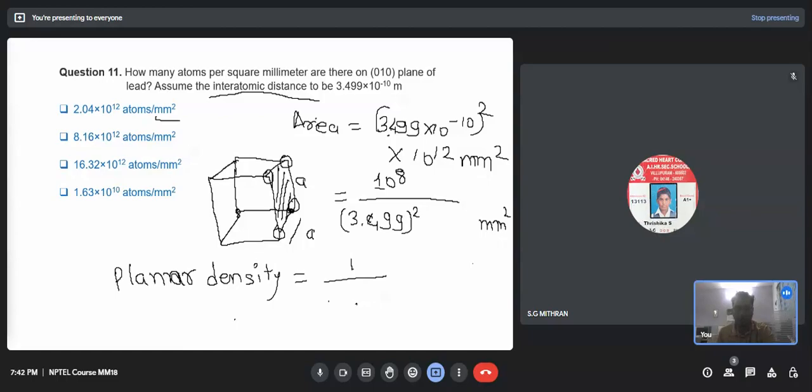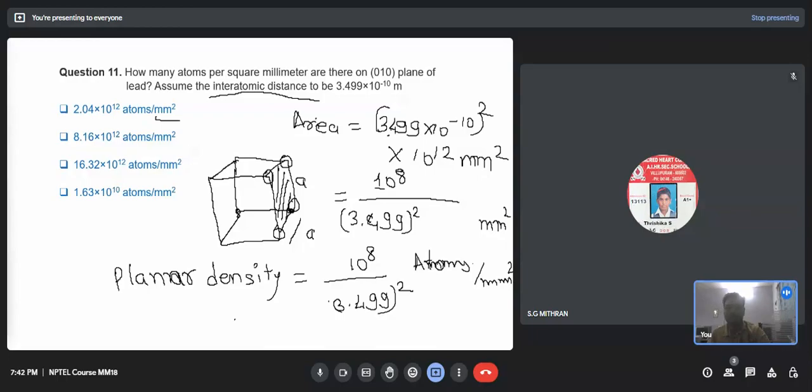And the value is 10 to the power 8 by 3.499 to the power 2 atoms per square.